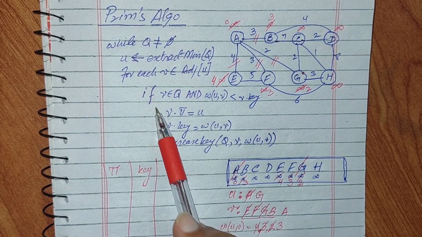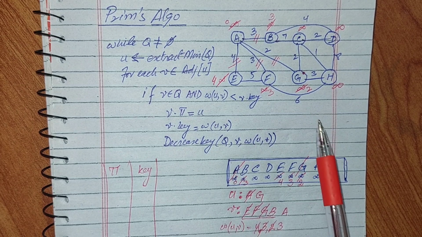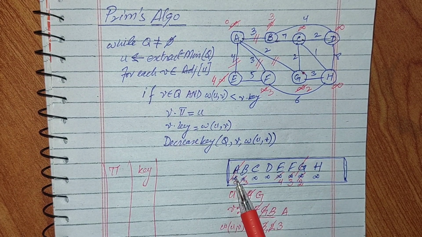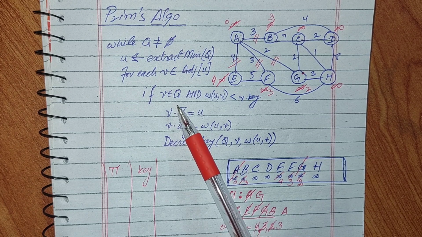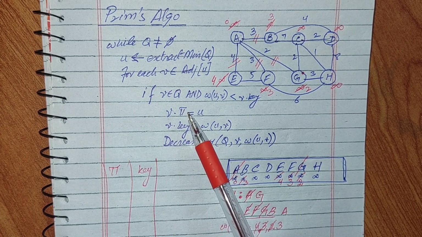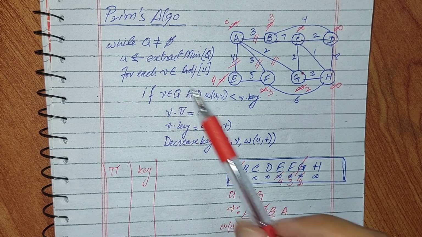So if it is a neighbor, V belongs to Q. Does A belong to Q? No, it is not in Q now. It was extracted previously. So this condition fails. If some vertex is already explored, it's not going to explore it again, so we skip it and go back for the next neighbor.